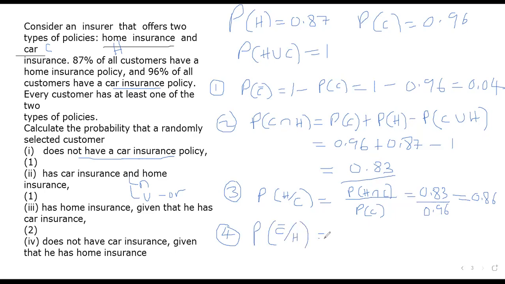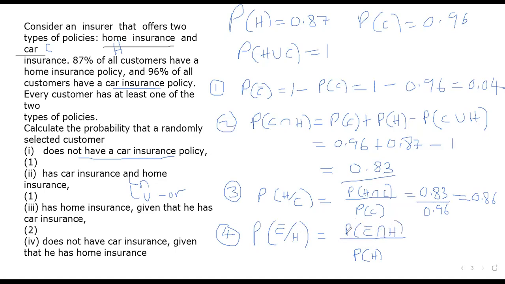Great. Then how do we expand it? The probability of home insurance comes down there, then on top, the probability of the complement of car insurance intersection home insurance.